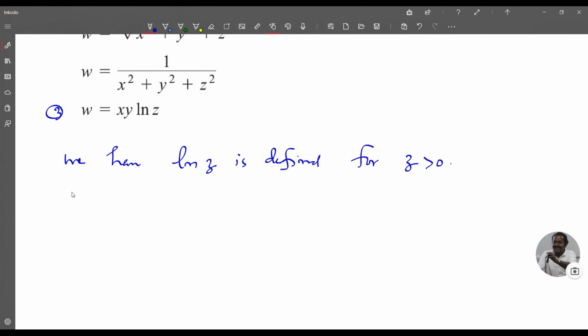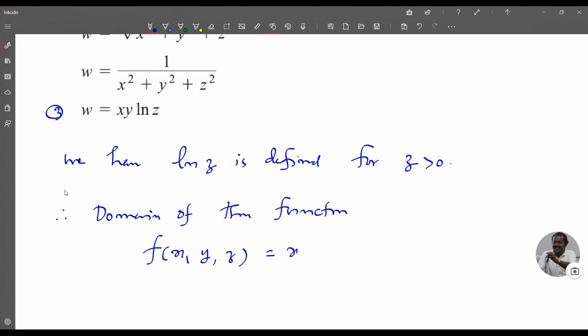Therefore, domain of the function f of x, y, z equal to x, y, ln z is set of all x, y, z belongs to R3 such that z is greater than 0.